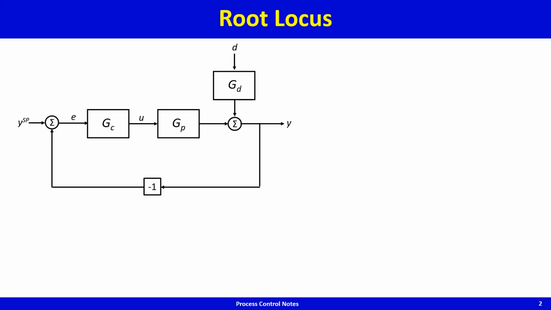Let's look at a simple seesaw system. For example, you could have a PI controller, and the PI controller would have a transfer function Gc equal to Kc times (tau I s plus 1) divided by tau I s.